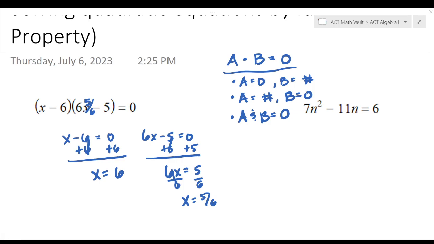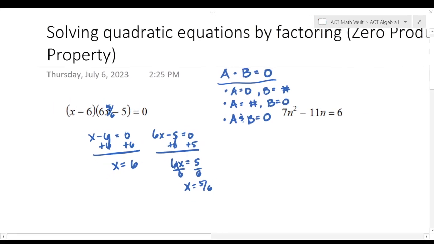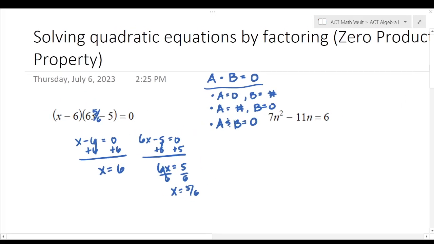Also, this whole thing and this whole thing could also equal 0. So the x could technically be both answers. That's why quadratics typically have 2, with the exception of the special cases. So final answer for these would be not only 6, but also 5/6.